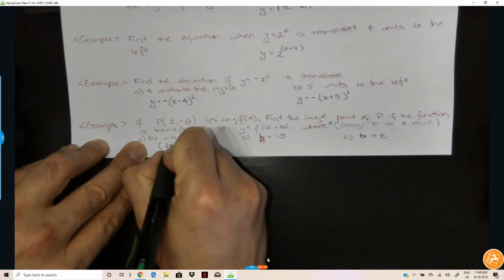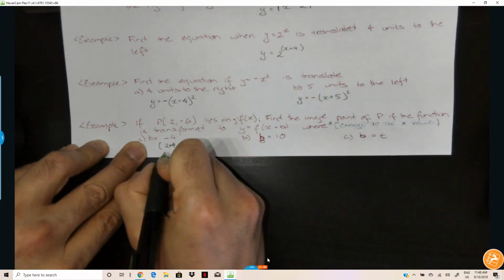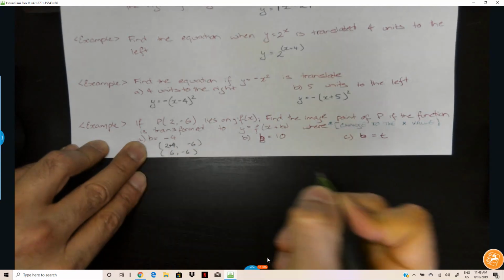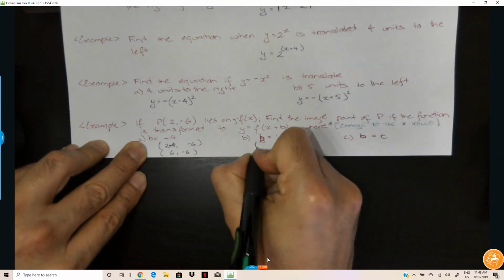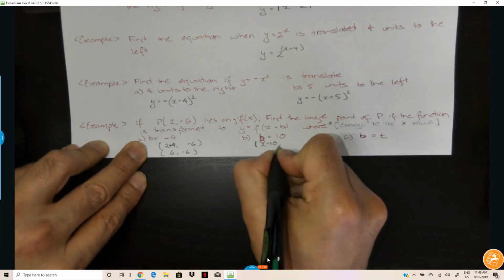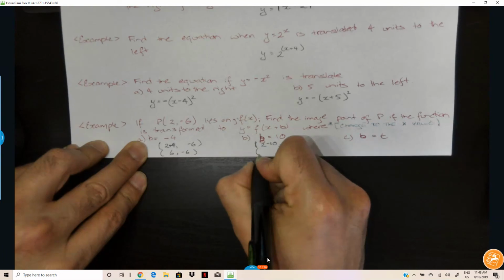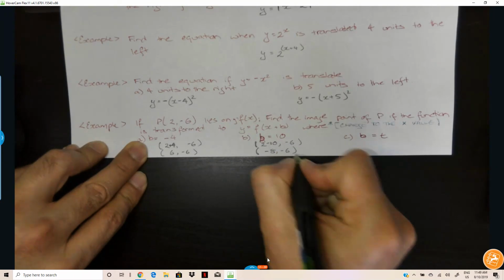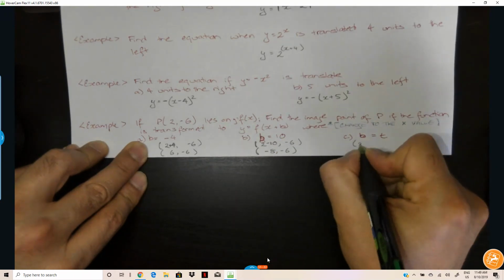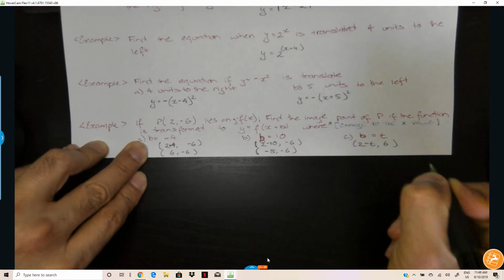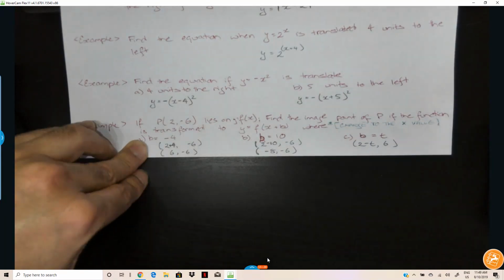I'm going to do the opposite, I'm going to add 4. So it becomes 6, minus 6. Here I'm going to subtract 10 because it's the opposite. So the new point becomes 2 minus 10, which is minus 8, minus 6. And here we're going to add t, so we're going to subtract t from the x value. Okay, and that's what you get.